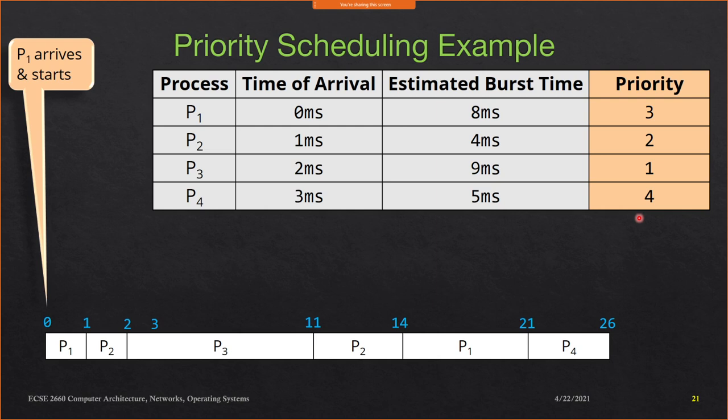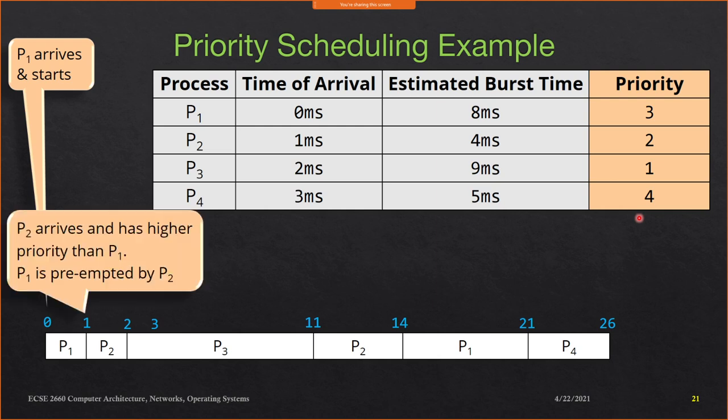At 1 millisecond, P2 comes in, and you can see that the priority of P2 is higher than P1, because it has a lower priority number. So P2 is going to preempt P1. P2 arrives, has higher priority than P1, and now the criteria for preemption is priority.